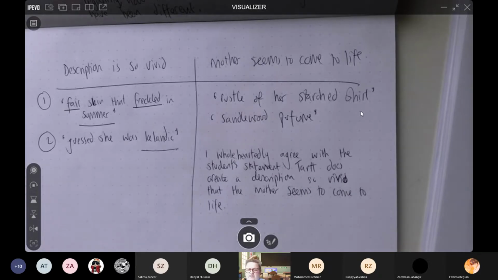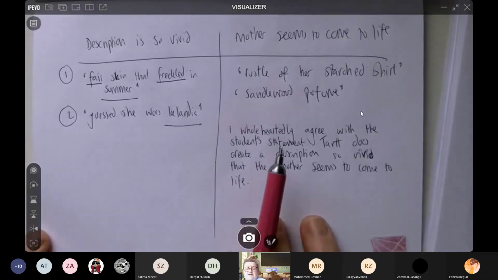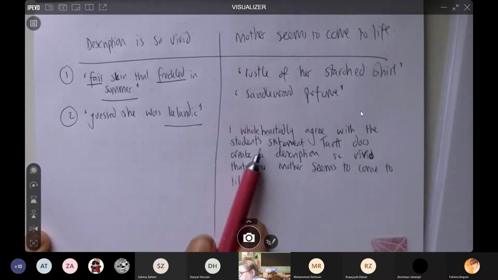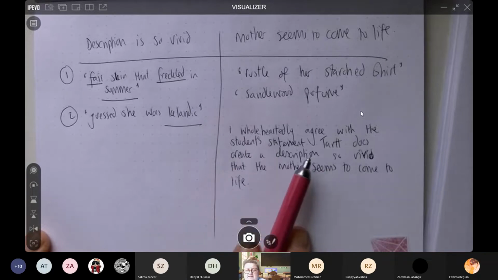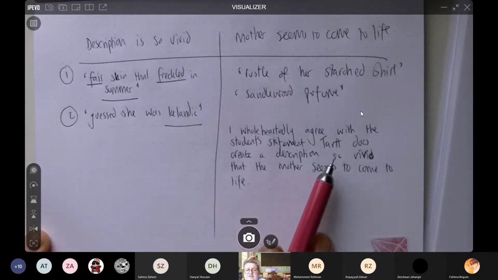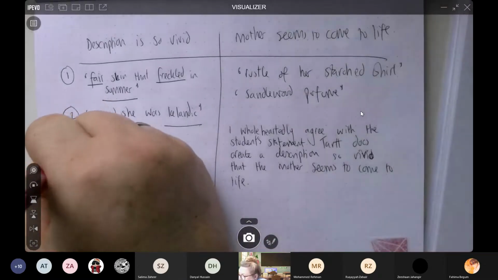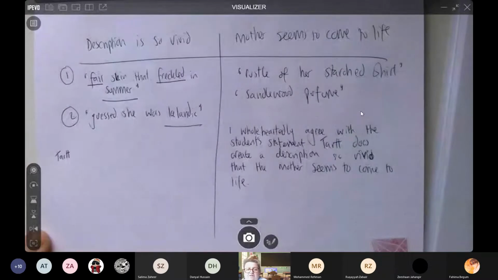So I'm just going to do one example of that because I do also want to look at some question 5 today. So we've said, I wholeheartedly agree with the student's statement. Tart does create a description so vivid that the mother seems to come to life. And then I'm going to say, Tart, and we're evaluating. So we're going to use some evaluative adverbs to help us answer this question, okay?